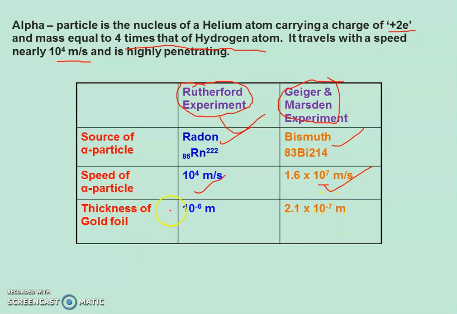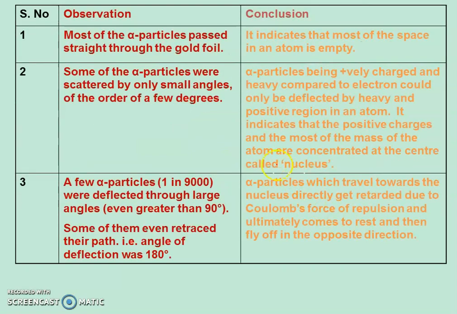Rutherford took a gold foil of thickness 10 to the power minus 6 meter, and in the Geiger and Marsden experiment the thickness was 10 to the power minus 7 meter. So this is the basic difference in these experiments, but the observations are the same. First observation: most of the alpha particles passed straight through the gold foil in both experiments.